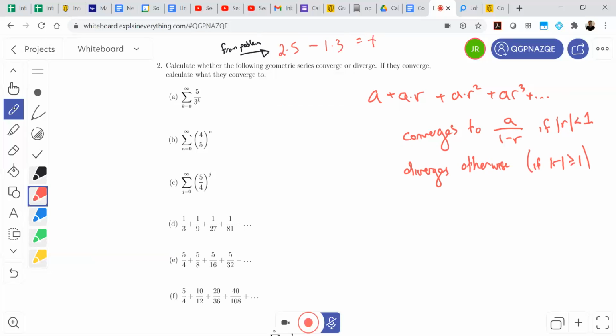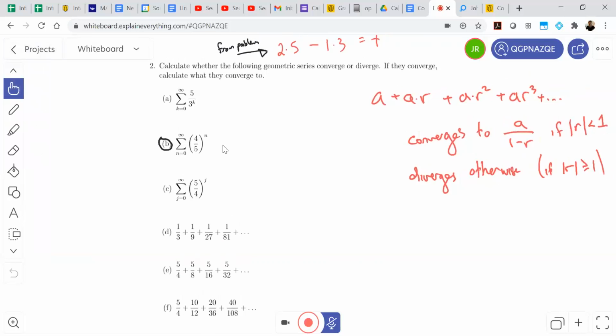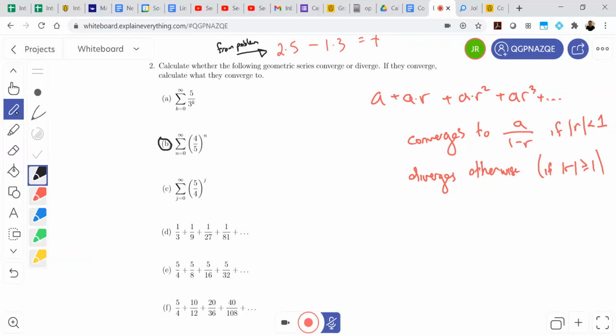So, if we want to take one of these to examine in closer detail, we could take, let's say b, 4/5 raised to the n power. Well, that's equal to, if we write out the first few terms, right? This is starting at n equals 0.